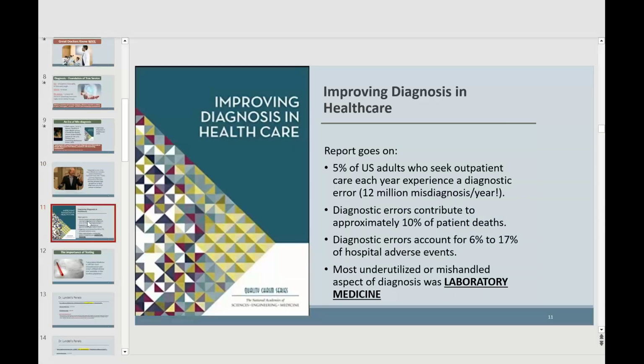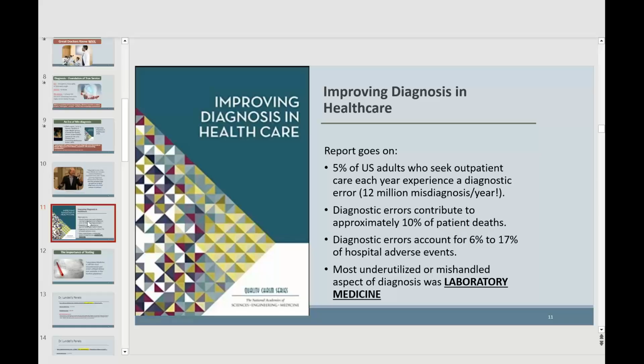And medical misdiagnoses, or really an adiagnosis, right, which is the worst, which is not having a diagnosis. His report says very clearly that the most underutilized or mishandled aspect of reaching the correct diagnosis and therefore the correct treatment for a patient was laboratory medicine.